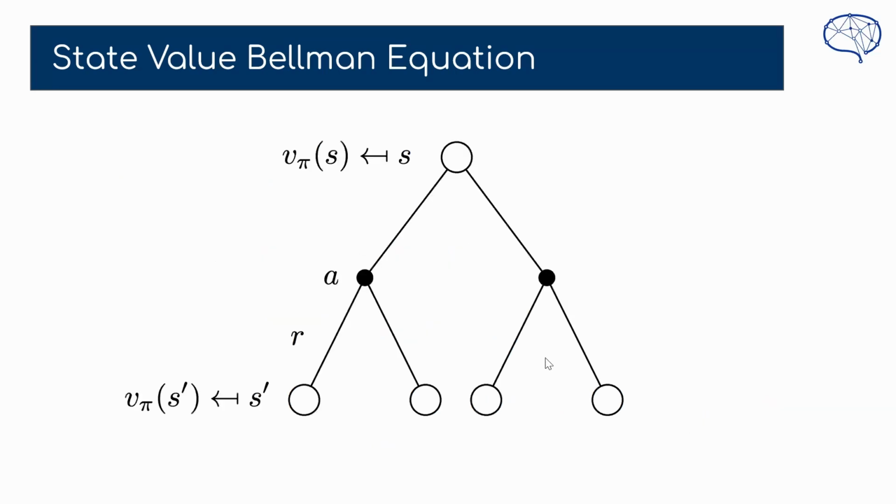This diagram might make it clearer. We first start in a state. From there you choose your actions, that's the black dots, and then from your actions you go to a next state and also get a reward. This is what's happening in the summations and double summations.